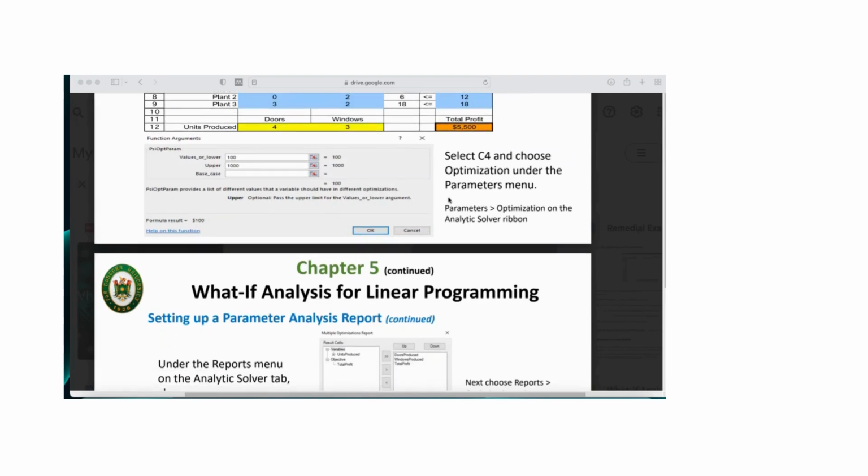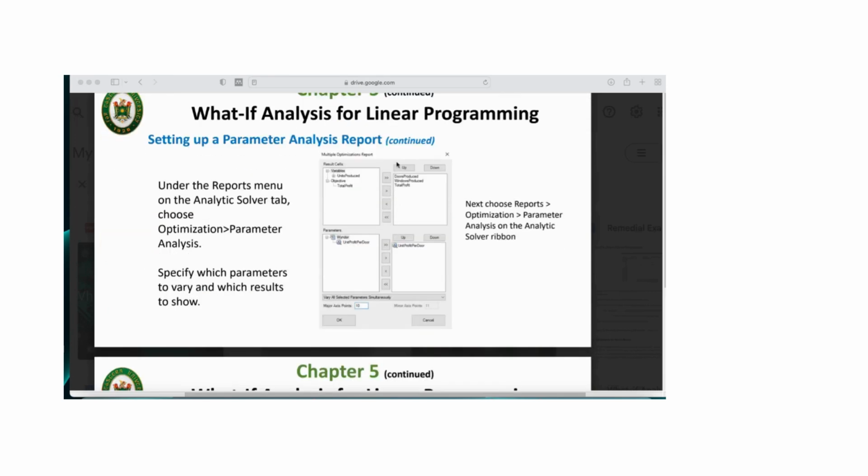Choose Optimization from the Parameters menu. There are other boxes to fill up, and you will click some things there. Just follow the steps here, okay.